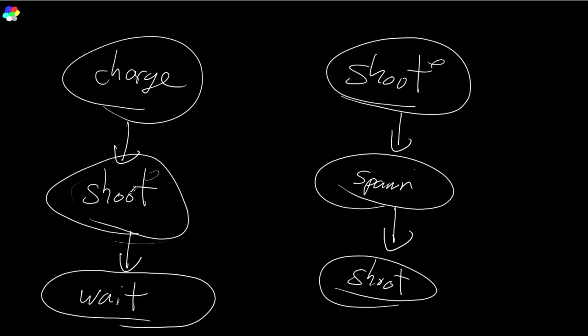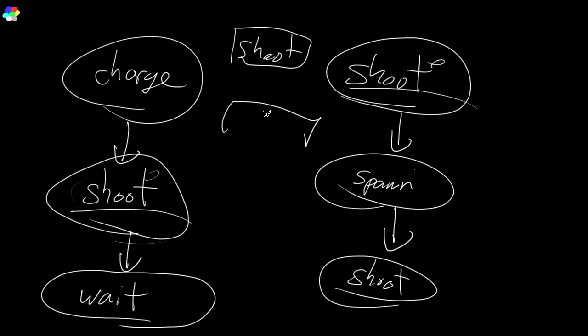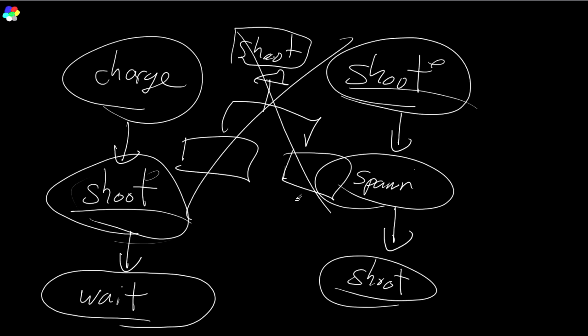This isn't great. I would have to create two different classes, one shoot-into-spawn and one shoot-into-wait. That's annoying. I could also create a base shoot class and then inherit, one shoot-into-spawn and the other shoot-into-wait. But this is no good. This is, again, an explosion of types.